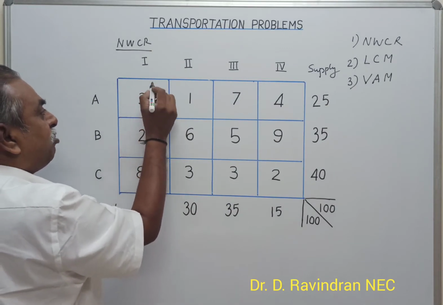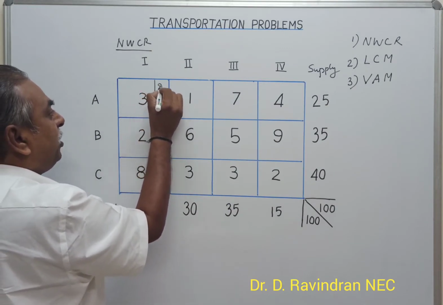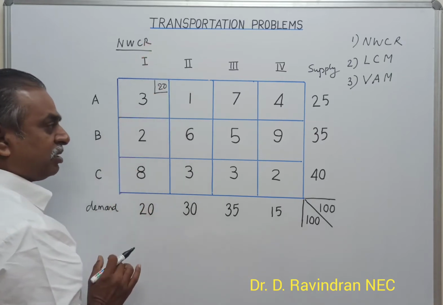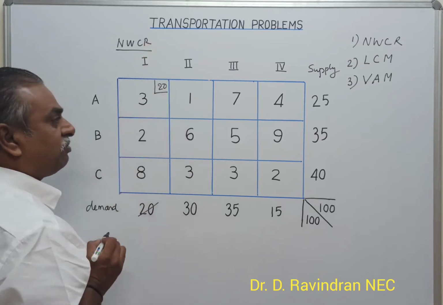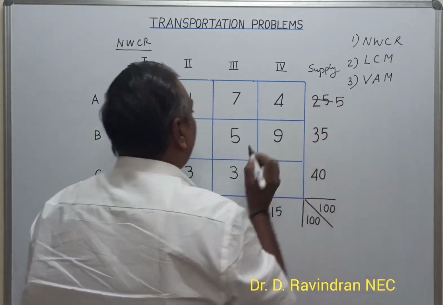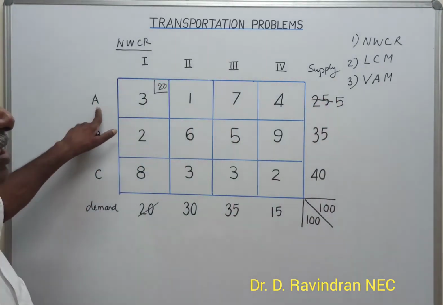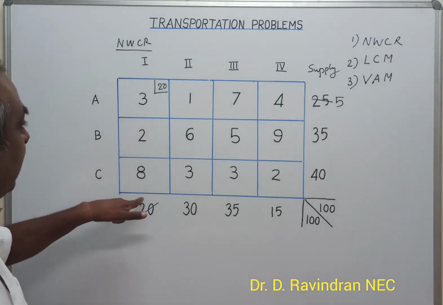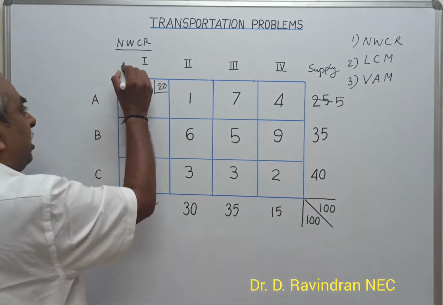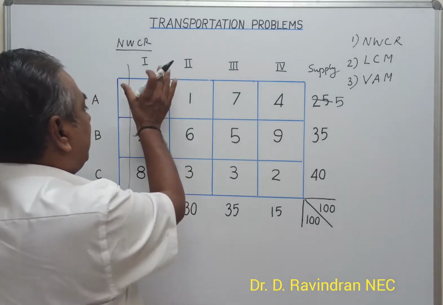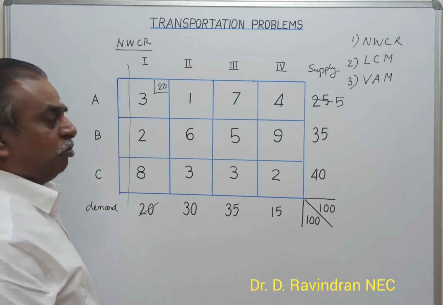So we can allocate a maximum of 20 units here. So its whole demand is satisfied. We can strike this out, and the balance of 5 units is available with the resource center A. Since the distribution center is over, we can strike off this column. We are not going to consider this column anymore.